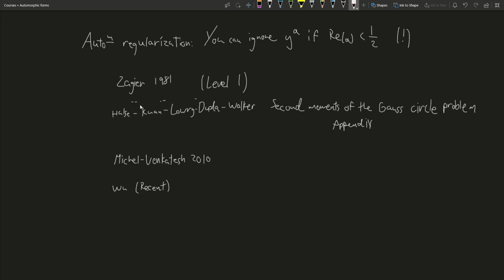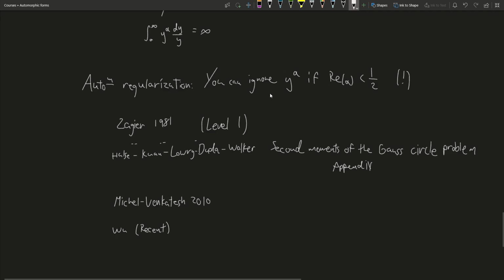So this is an idea that you can generalize quite a lot, but the version that's most relevant for us is this Hulse, Kuan, Lowry-Duda, Walker paper. And so this fact is surprising. You can think of this essentially as a generalization of the Rankin-Selberg relations, if you know what those are.